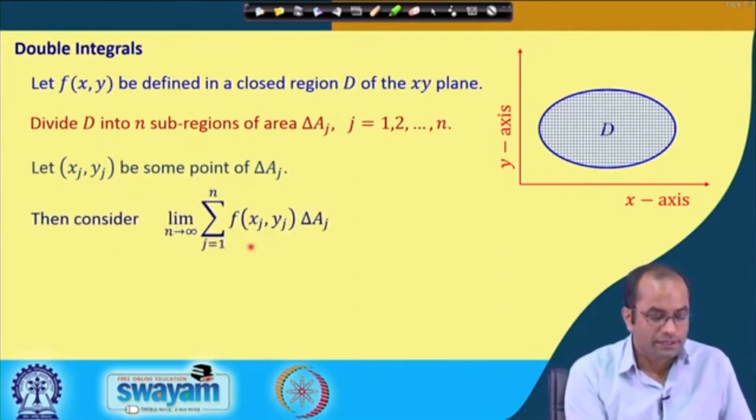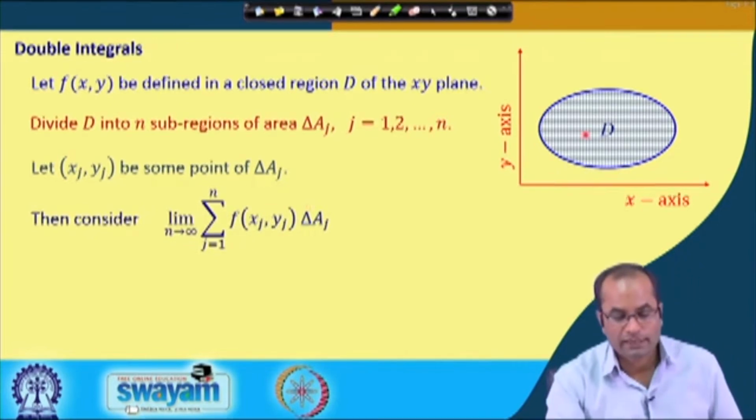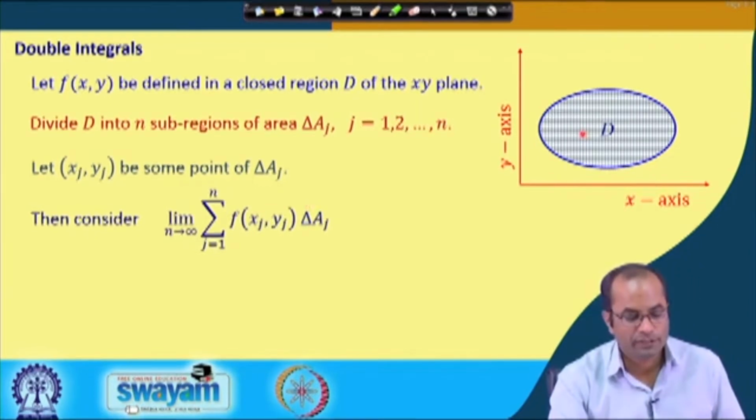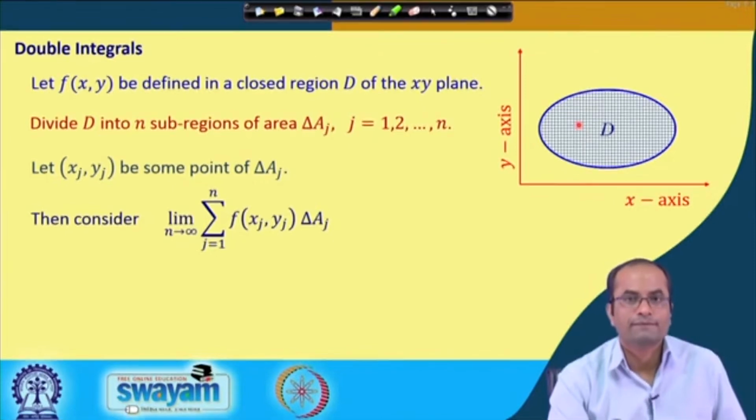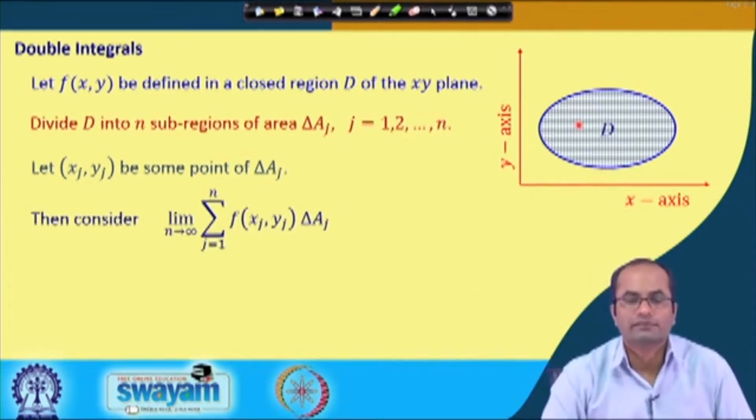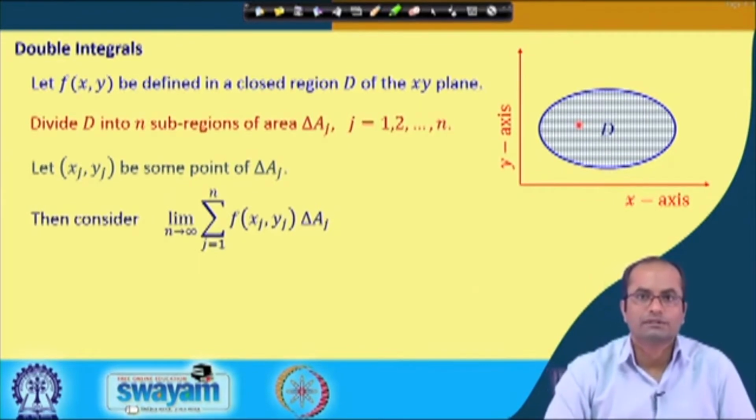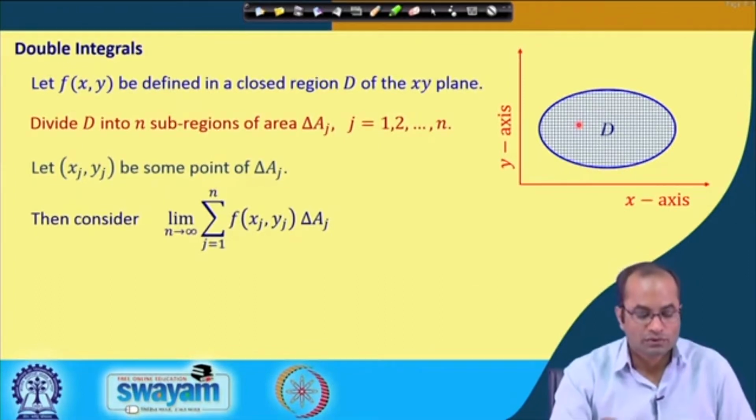So, we are summing again the value of the function at that point. Here we have taken some point x j y j, and then there will be a function defined as a surface in the third dimension, which is usually taken as the z axis. So, there will be a surface.